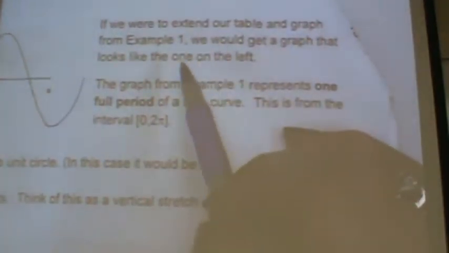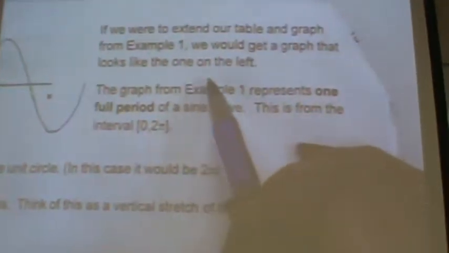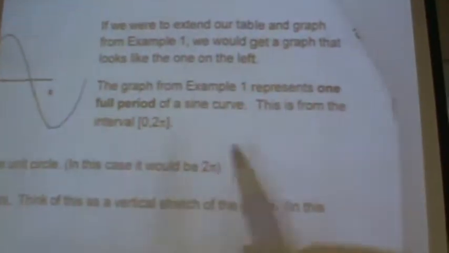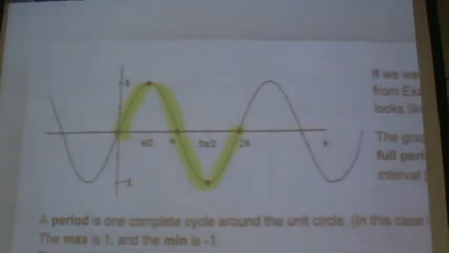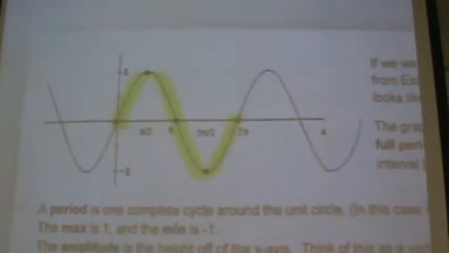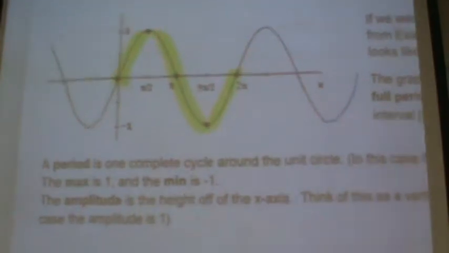If we were to extend this graph, you would get the one like on the left, but it continues. And one full period is the cycle from here to here. And then the pattern repeats itself. So from 0 to 2 pi, that is one full period. And then that period continues, the cycle continues.